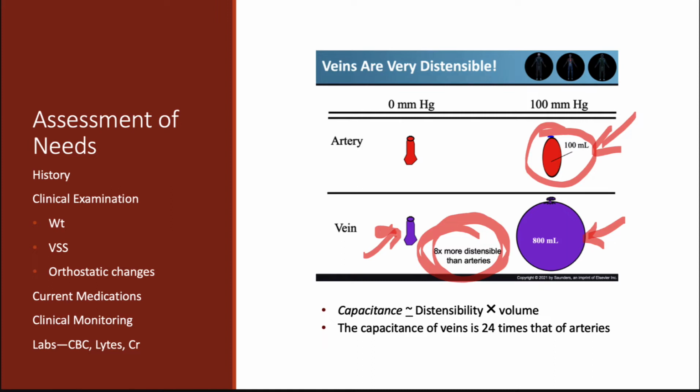But if we combine the distensibility with the volume that it'll hold, we know that there is about 24 times the capacitance in the veins as there is in the arteries. So this is a terrible thing for us to use to monitor somebody or to assess somebody's volume status. It's part of the bigger picture. It is not to be used by itself.